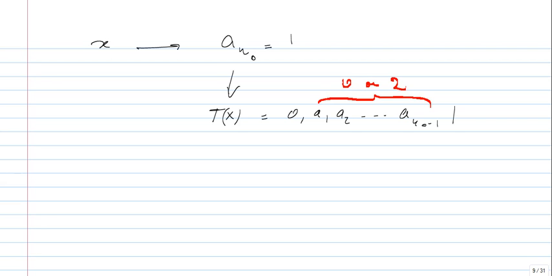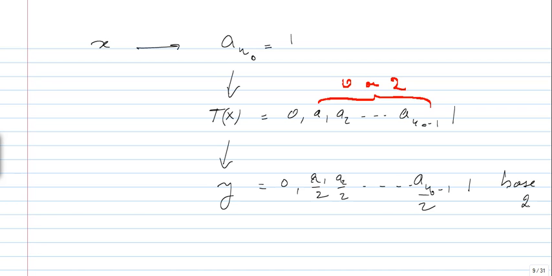And now you go and you come up with the number y, which is 0, and you take a1 over 2, a2 over 2, up to a_{n0-1} over 2, 1. But this time in base 2.